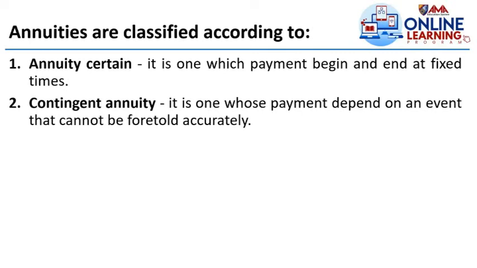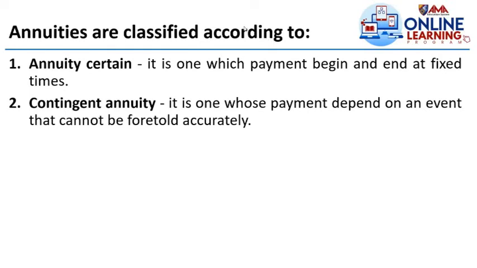Yung contingent annuity naman is hindi mo alam kung when mo siya magagamit. It is one whose payments depend on an event that cannot be foretold accurately. Kumbaga, you will be paid based on situation. So for example, national disaster, gagana lang yung annuity na yun if ever may mangyari.